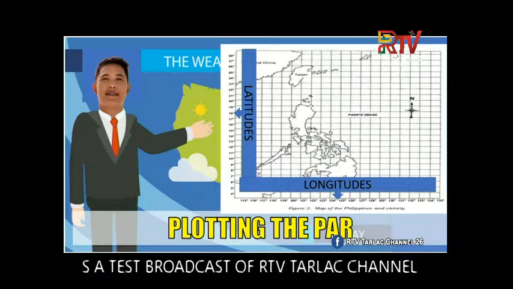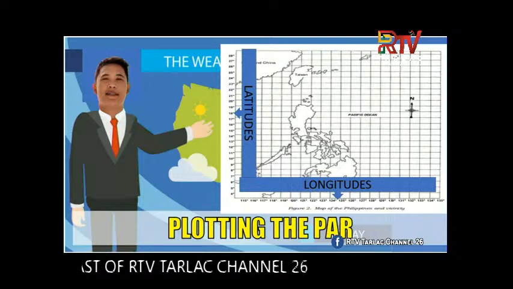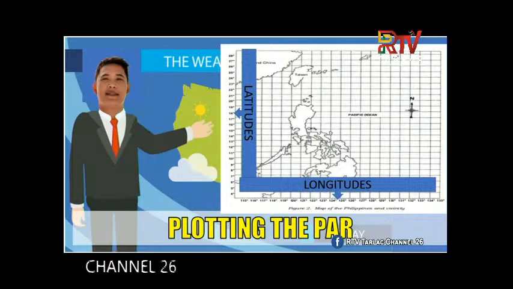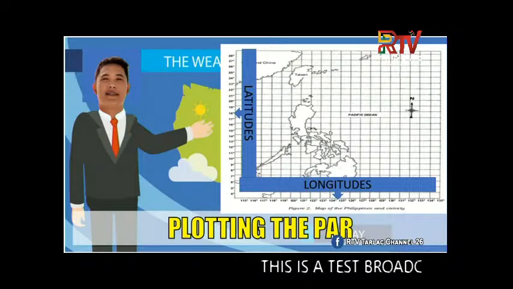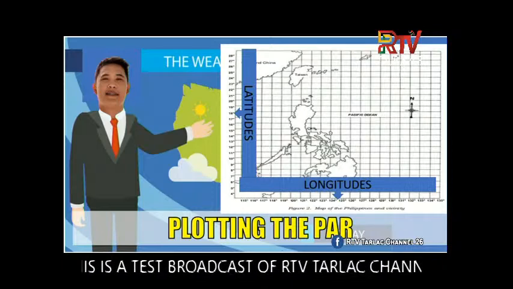In this activity, you are expected to read a map using the given latitude and longitude of a tropical cyclone. And also, you need to tell if it has entered the Philippine Area of Responsibility and explain what is meant when a typhoon has entered the PAR. Are you ready?